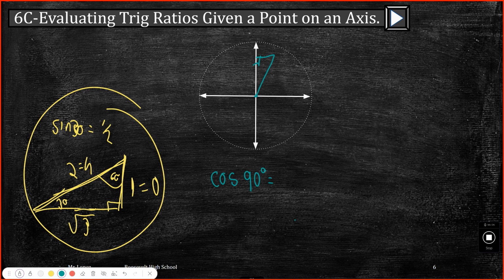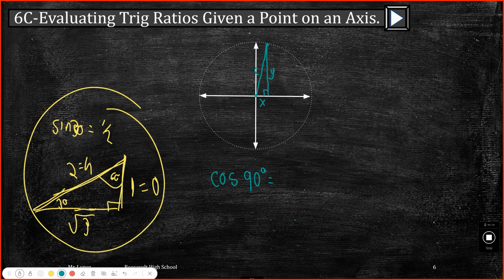So the closer you get to here, say we're right here, your reference triangle will be like this. This is X, this is Y, and this is C. So this is your right triangle.